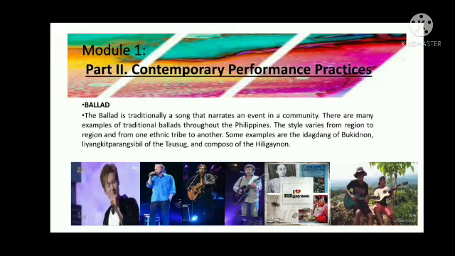The style varies from region to region and from one ethnic tribe to another. Some examples are the Idagdang of Bukidnon, Liyangkit Parang Sibil of Tausog, and Komposo of the Hiligaynon.